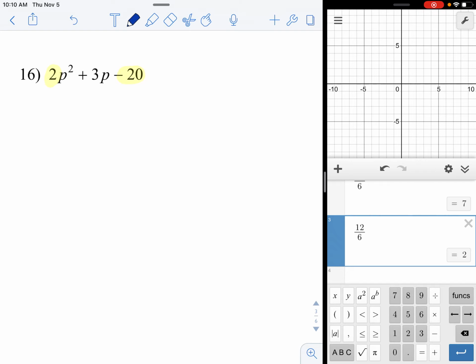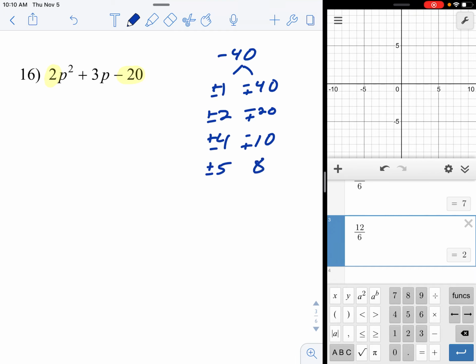Multiply 2 times negative 20, that's definitely negative 40. So what's negative 40? 1 times 40, plus, minus, minus, plus. 2 times 20, plus, minus, minus, plus. 3 won't go into 40. 4, of course, 4 times 10, plus, minus, minus, plus. 5 times 8, you know your times tables. 5 times 8 is 40, plus, minus, minus, plus.